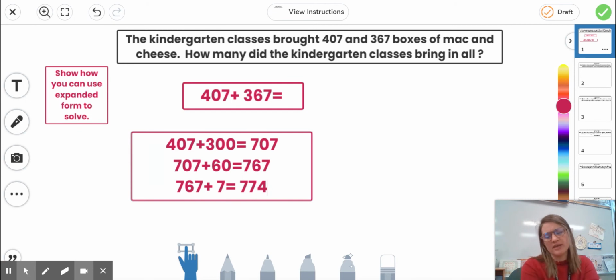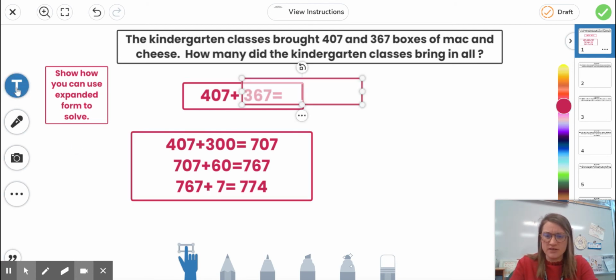I could also know, like, well, 7 plus 7 is 14. So 760 plus 14 would be 770, 774. So lots of different ways to do that. But that is an example of how I can add on using expanded form.